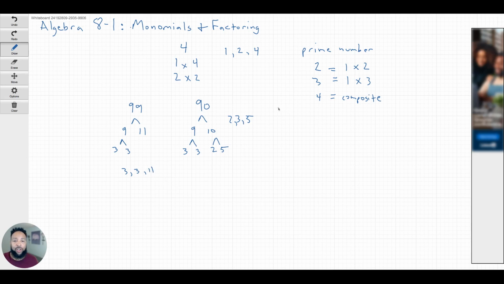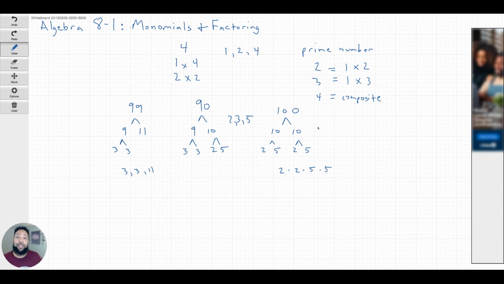So let's take 100. 100, you could do 10 times 10. When you break those down, you have 2 times 5, 2 times 5. So the prime factorization of 100 is 2 times 2 times 5 times 5.